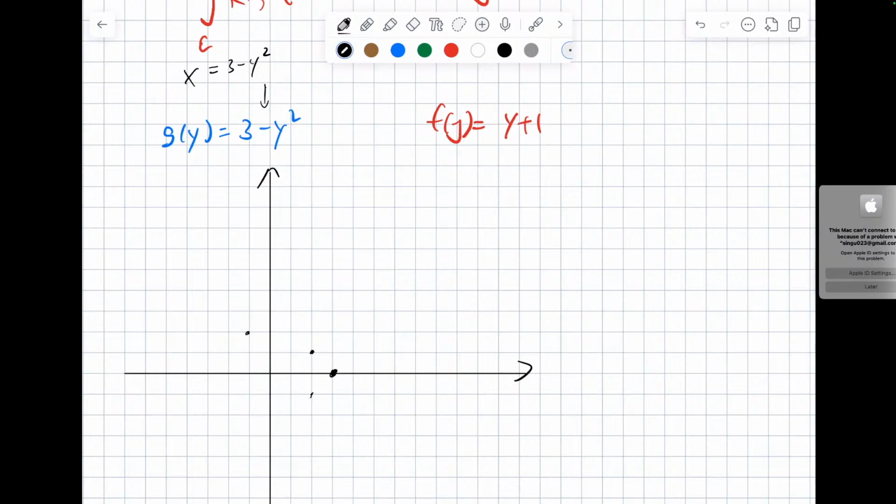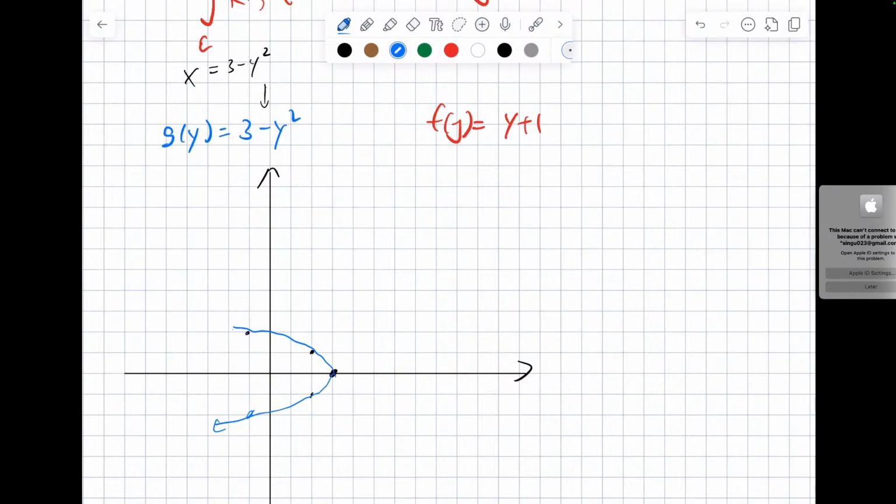So the graph's going to be something like this. Oops, this one should be blue. Blue should be like this. Is that okay?